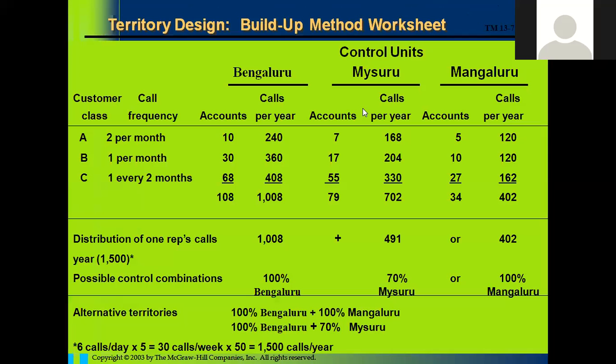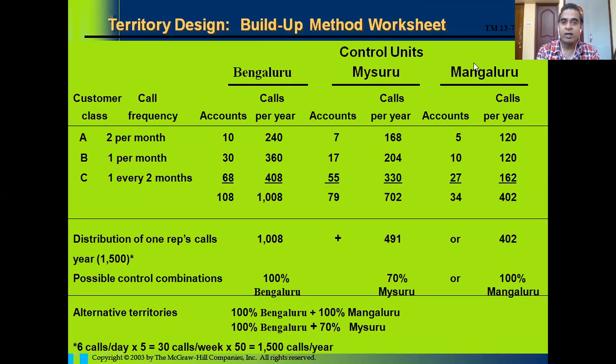As you can see here, just focus on the first two columns of the table. First, let us understand. This is the illustration where I have taken 3 control units, meaning 3 geographical areas. The first is Bengaluru, second is Mysuru, third is Mangaluru. It is just for example.